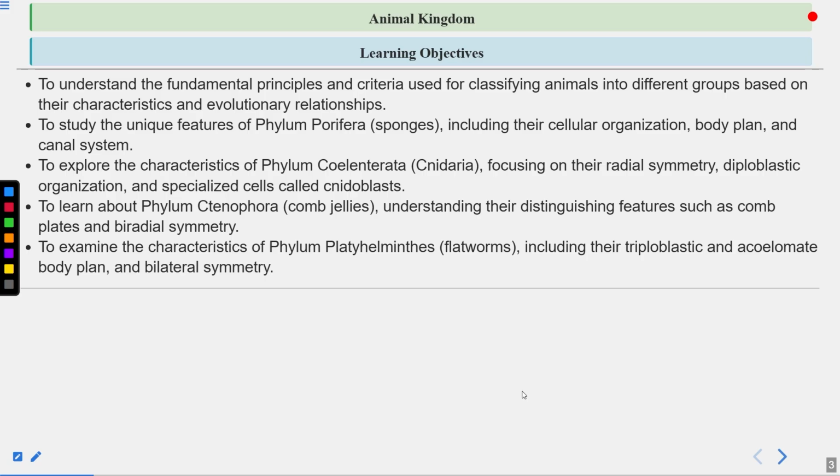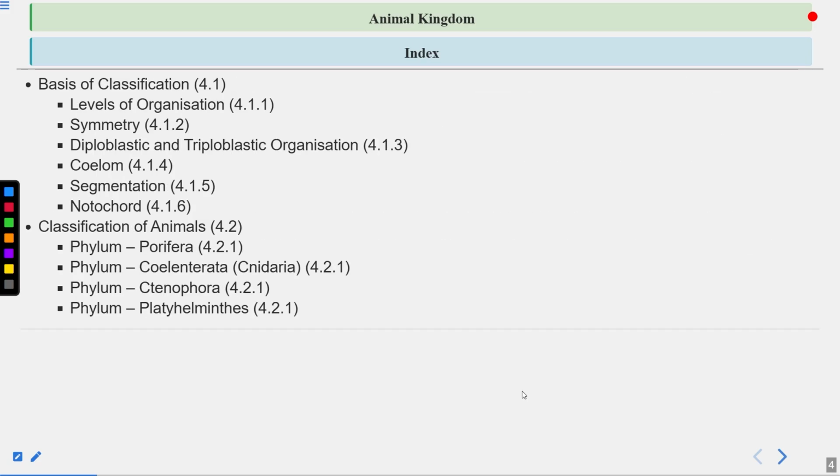And we will focus on the characteristics of the phylum Platyhelminthes, commonly called flatworms, which include the triploblastic, acoelomate body plan and the bilateral symmetry. If we see the index, we will focus on the basis of classification and the classification of animals.